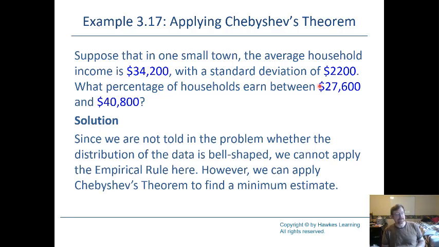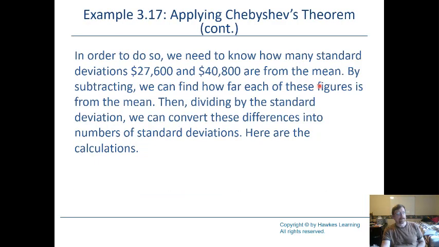So let's use Chebyshev's theorem to find a minimum estimate. First step is to figure out how far these are from the mean, and then divide by the standard deviation to get that k value. If we're lucky, hopefully they have given this to us in something that's even, so it's the same number of standard deviations on either side.